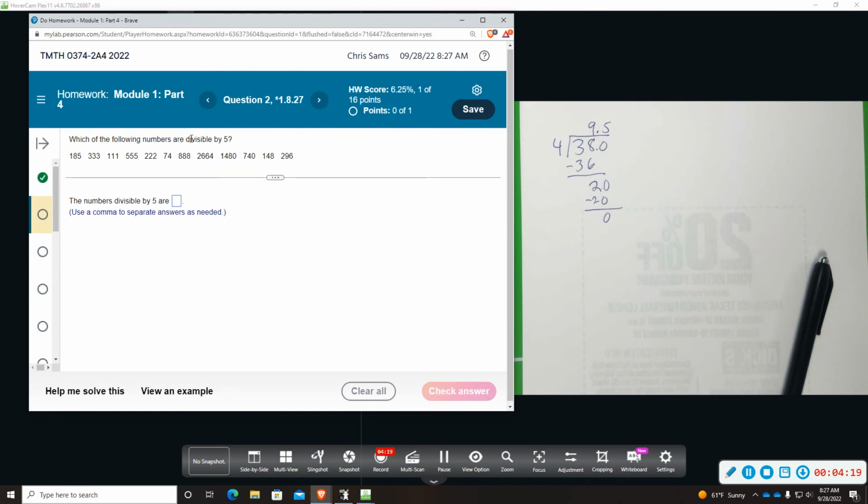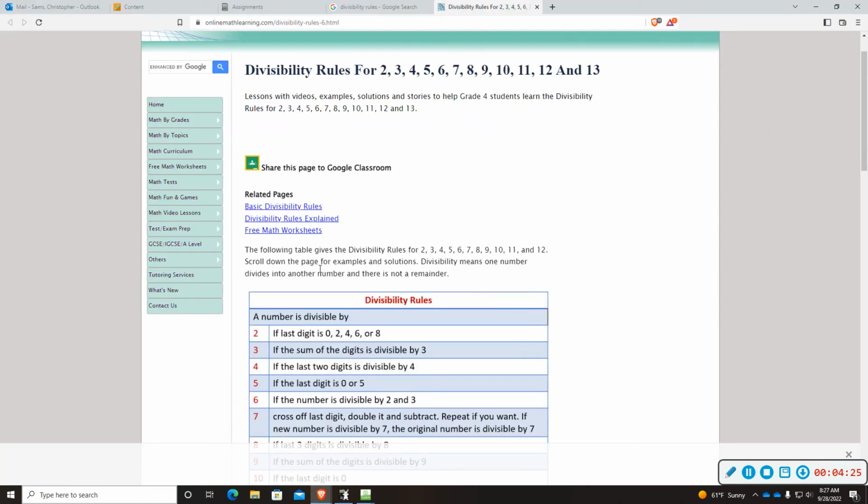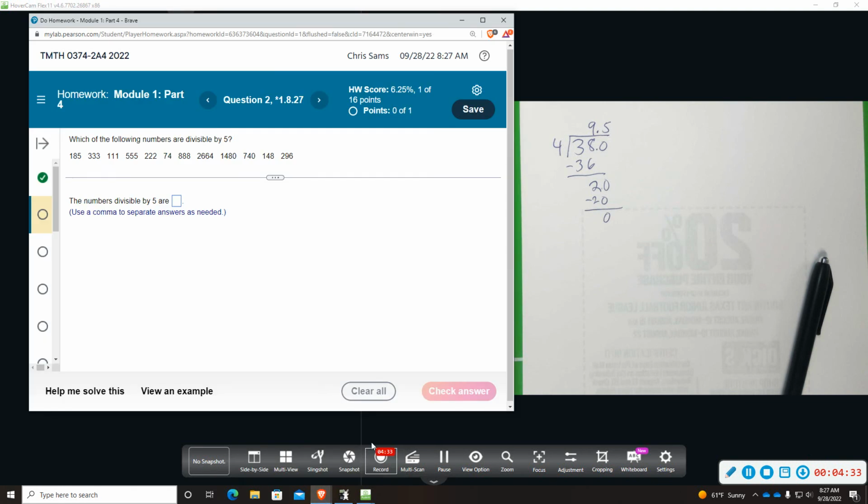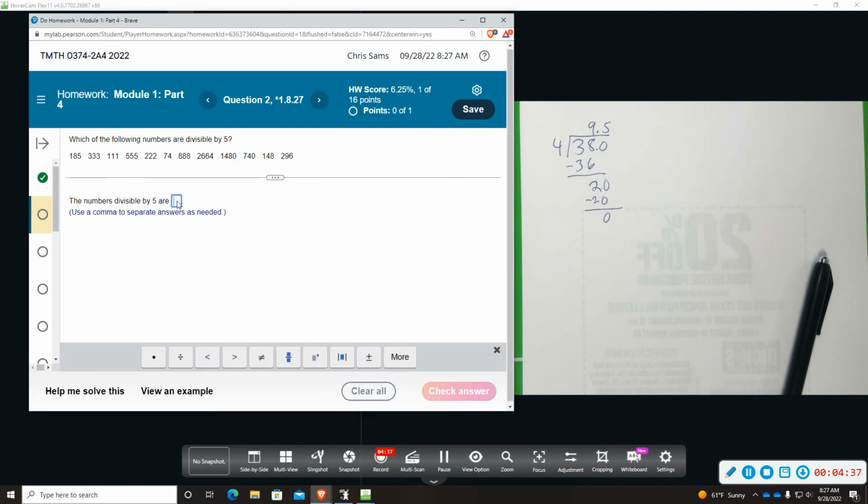All right, and then we want to know which of the following numbers are divisible by 5. Just going back to that rule real quick: if the last digit is a 0 or a 5, it's divisible by 5. So you can do a real quick look, and you don't have to use the calculator every single time because it takes more time. So 185, because it ends in 5.